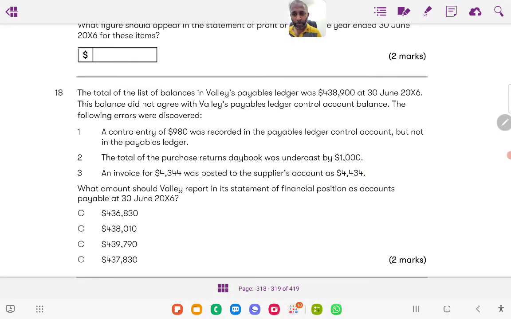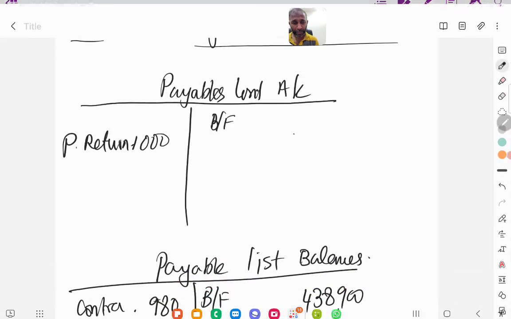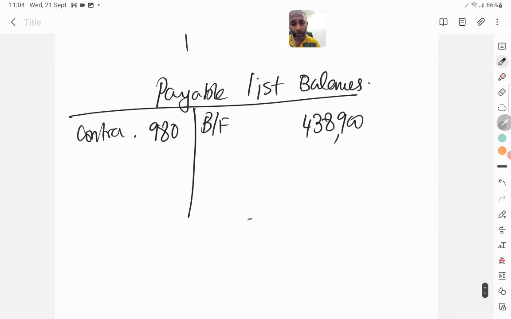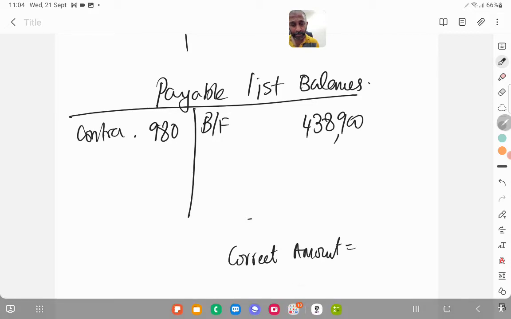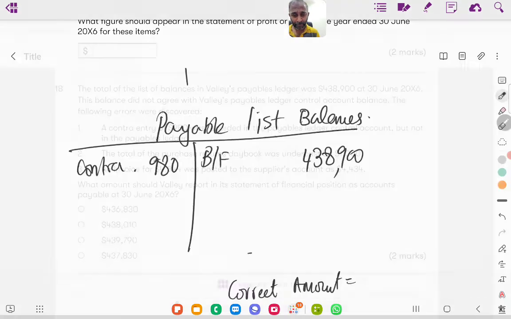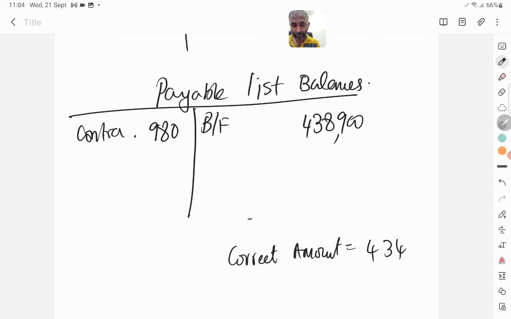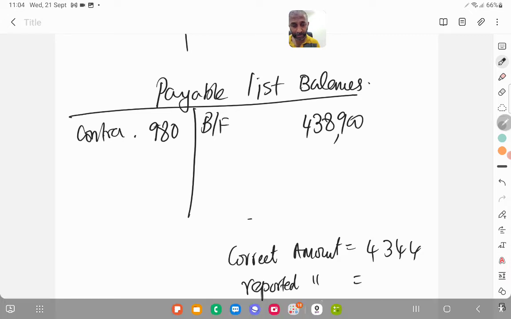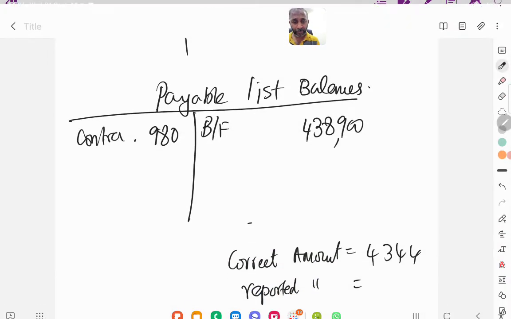So the next item, an invoice of 4,344 was posted to the supplies account as 4434. Let's find out what has happened. The correct amount is 4344. The reported amount is 4434.